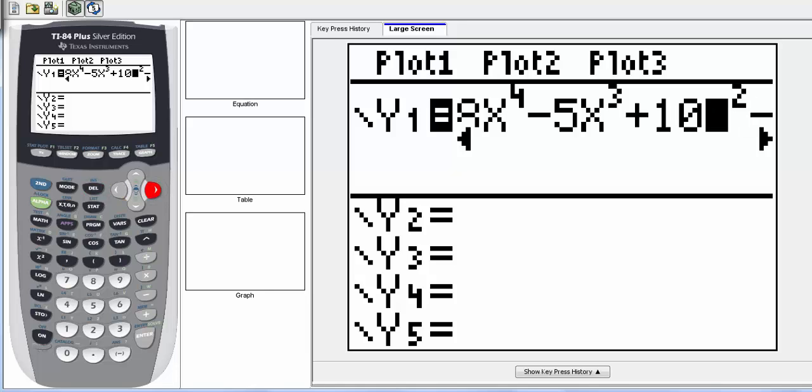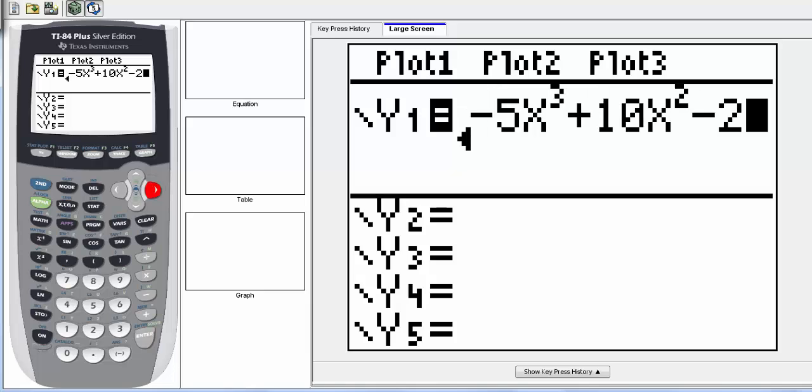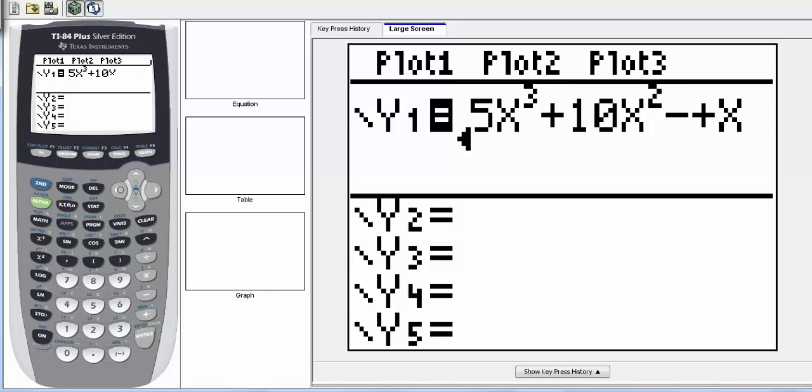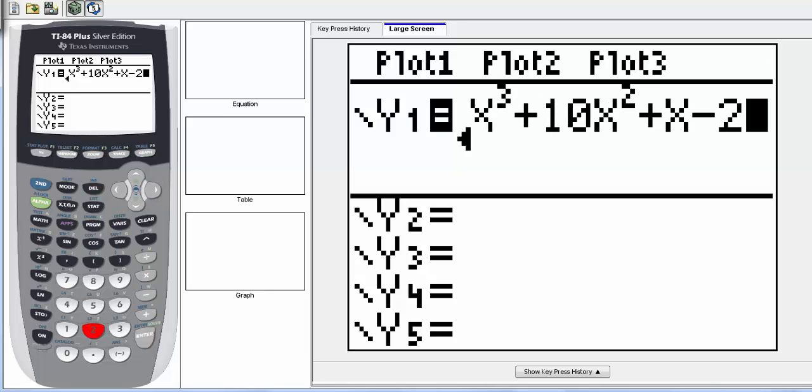So we have 5x cubed plus 10x squared, and this should be plus x. Oh, wait a second. 10x squared plus x, and then we would have a minus 2.